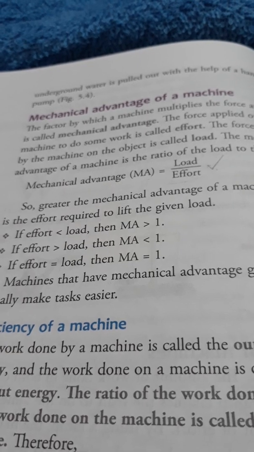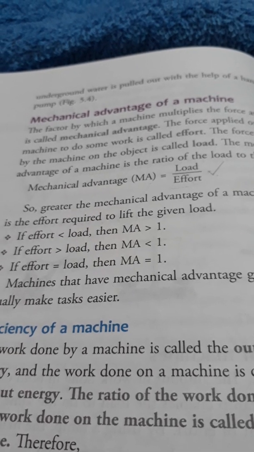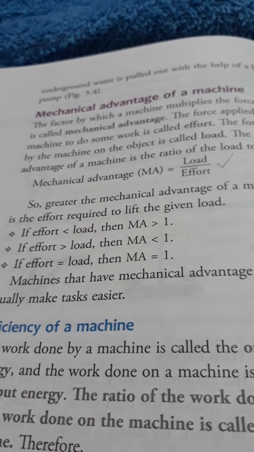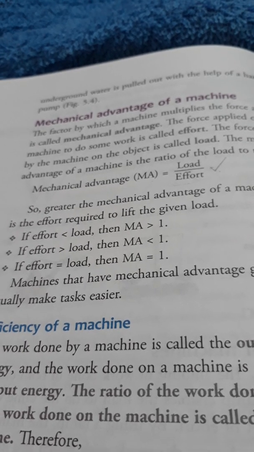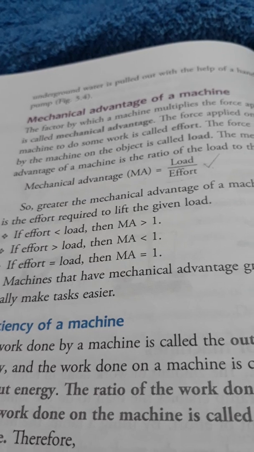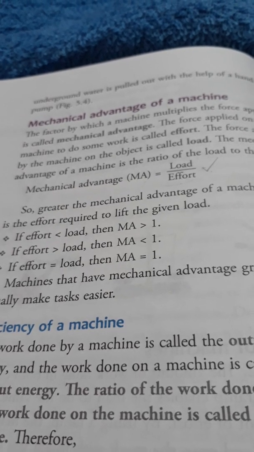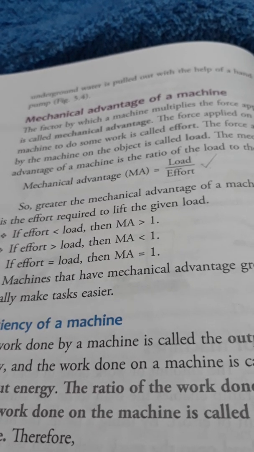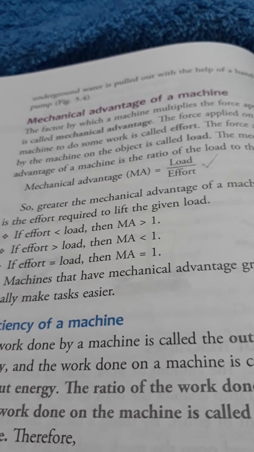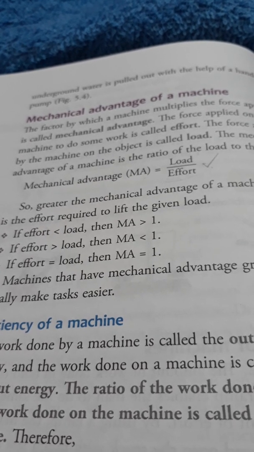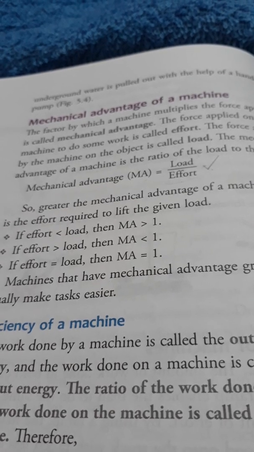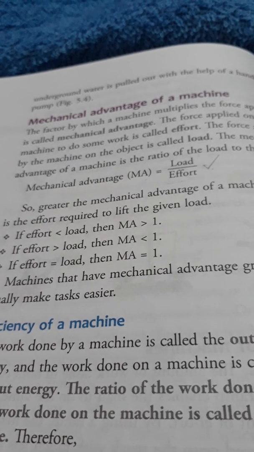Otherwise it is less than 1. Otherwise means if the effort applied is greater than the load to be lifted or moved, then the mechanical advantage is less than 1. Or when the effort applied is equal to the load to be lifted or moved, then the mechanical advantage will be equal to 1.